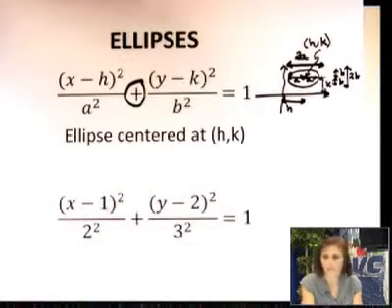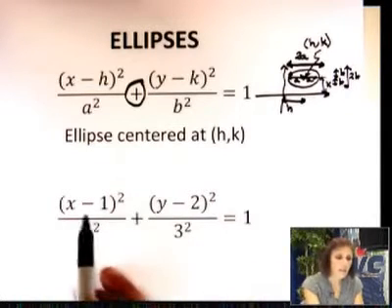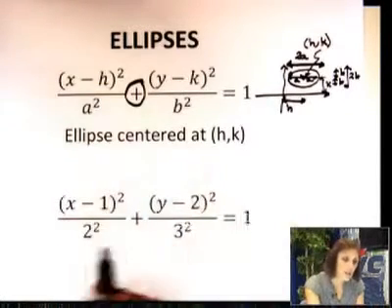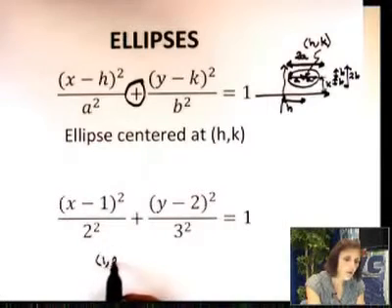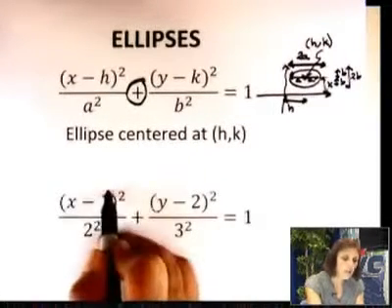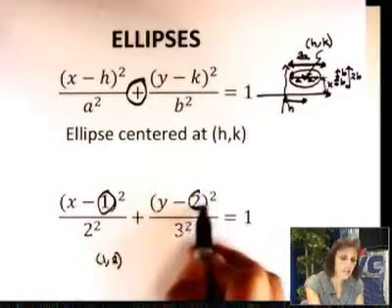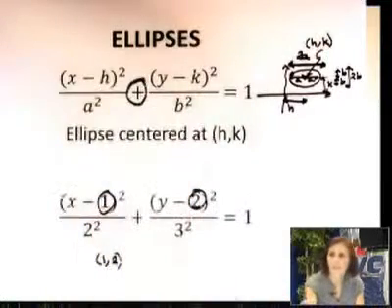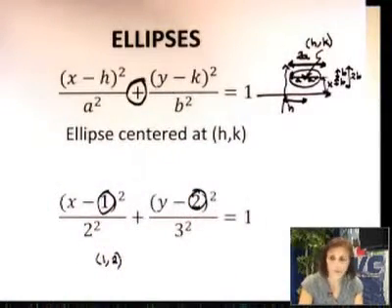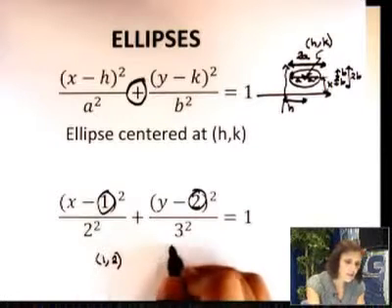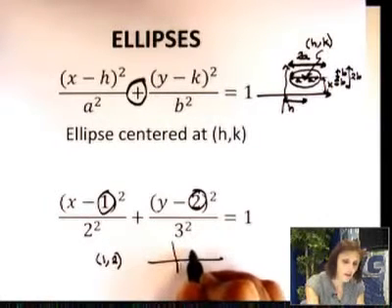So let's look at this. What would this one look like? This ellipse would be centered at 1, 2. Why? Because this 1 is after this negative, this 2 is after this negative. It's squared. It looks like it's fitting this equation. Now, what does this mean? So it's going to be 1, 2 around here.